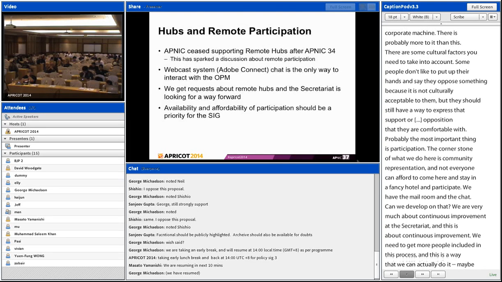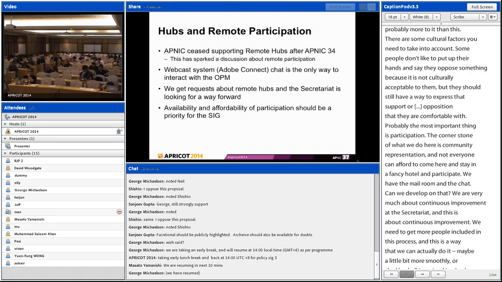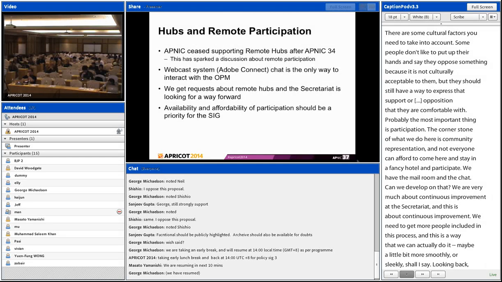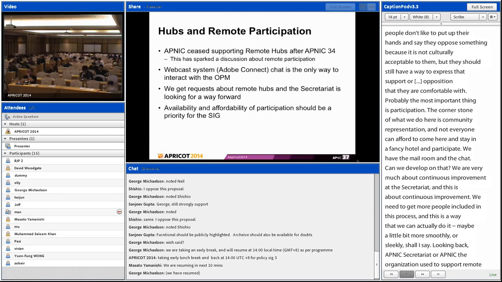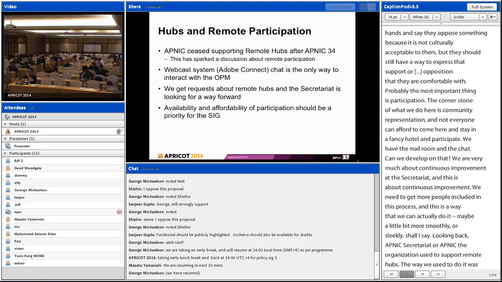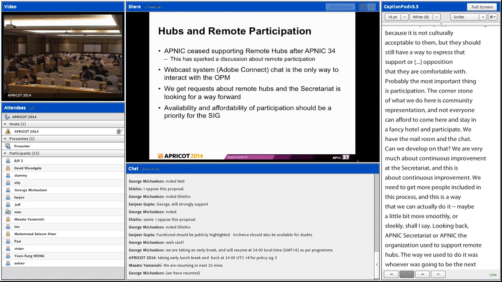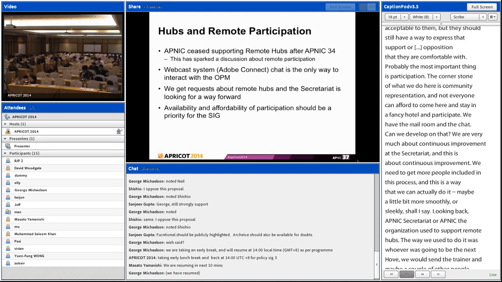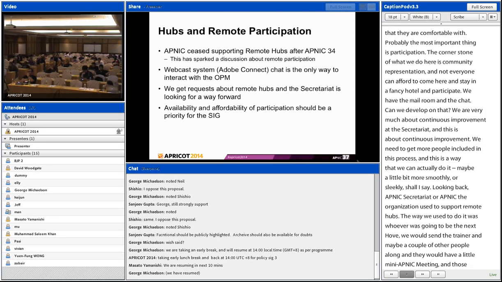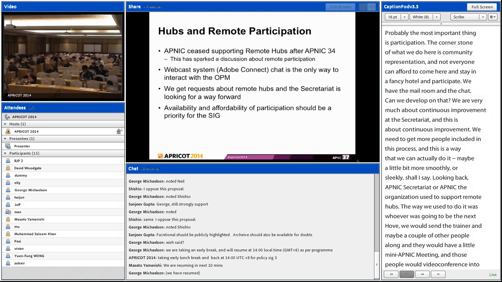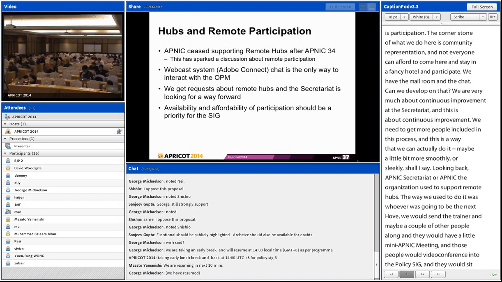Looking back, APNIC, the organisation, used to support remote hubs, and the way we used to do it was whoever was going to be the next host, we would send a trainer and maybe a couple of other people along, and they would have a little mini APNIC meeting, and those people would video conference into the policy SIG, and they would sit there and put up their hands, and we'd have a video camera facing them, and the chairs would squint at the screen and try and see whether there was consensus or not.